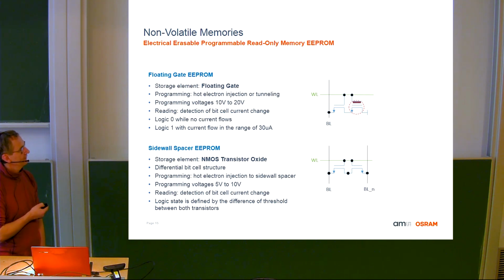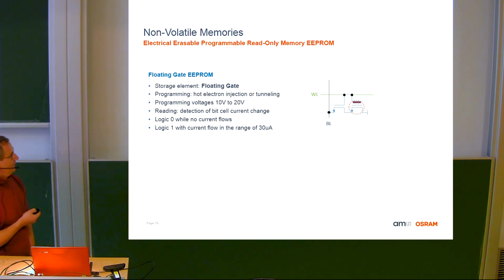And this is also the nice part: there is a way to pull out the electrons so that you can come back with the threshold. So what you can do with this floating gate is shift thresholds up and down, and then build a comparator, which is an absolute comparison of thresholds, and say, okay, the threshold is higher than 2 volts or lower than 2 volts. And then you can say programmed or unprogrammed.